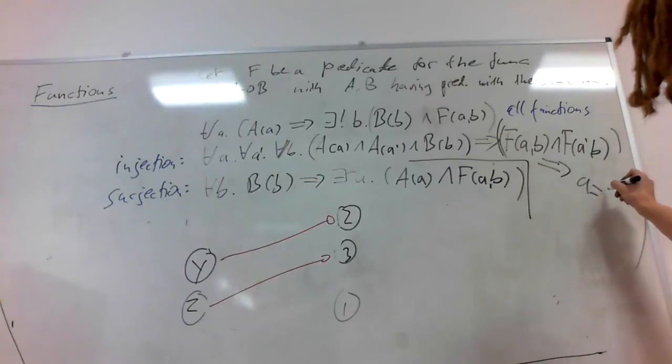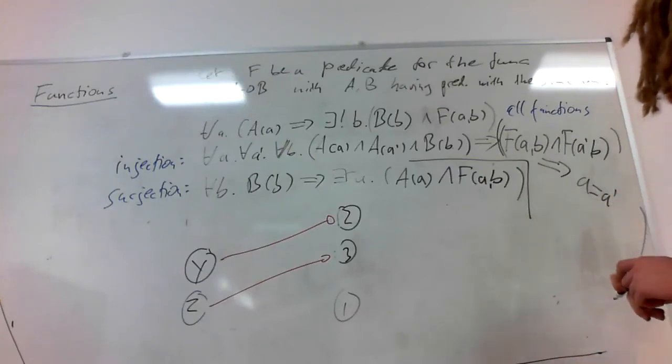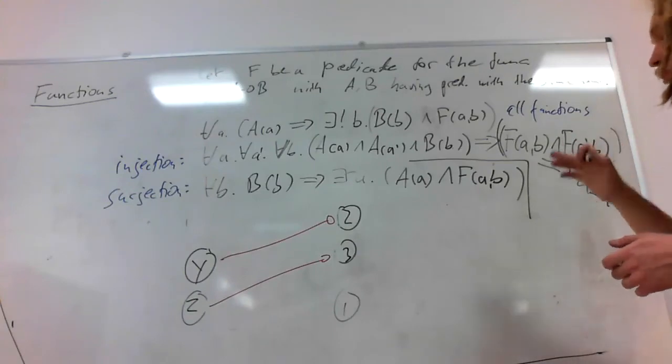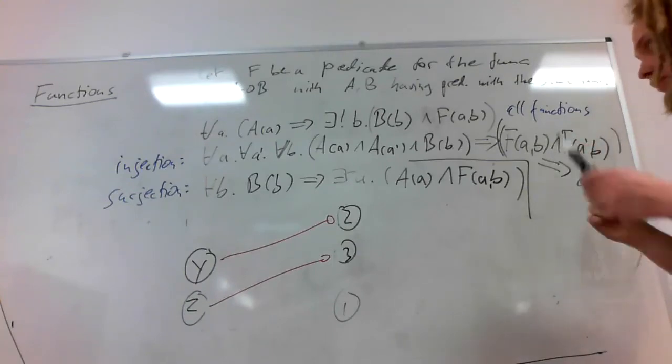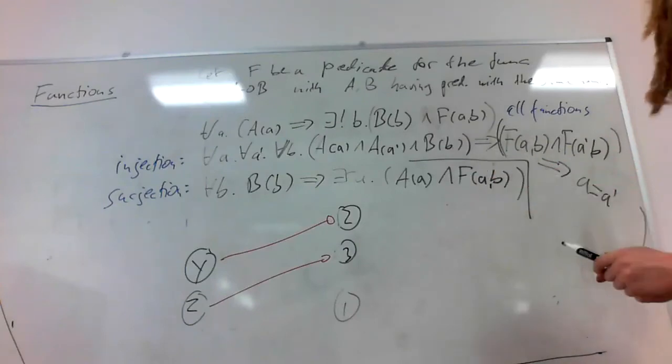So A equals A prime. Because we want to avoid that two different values are hitting the same spot.